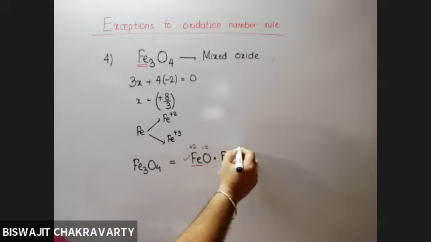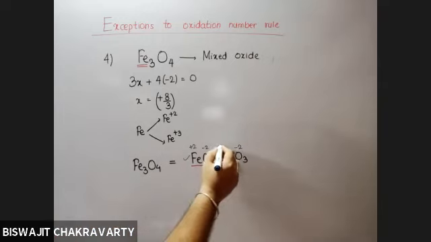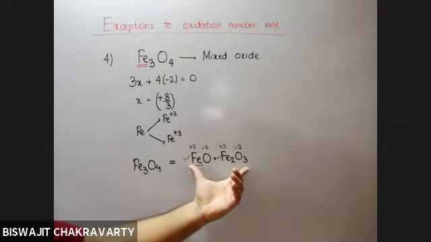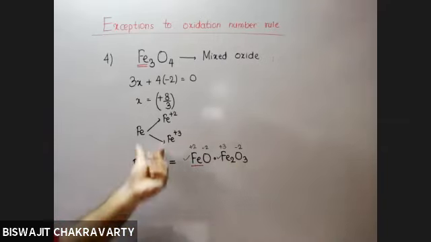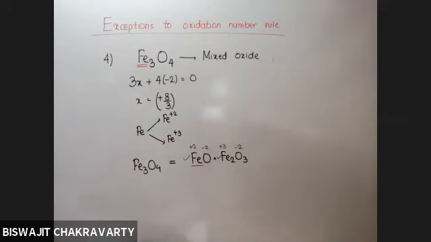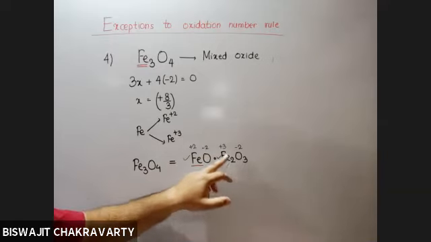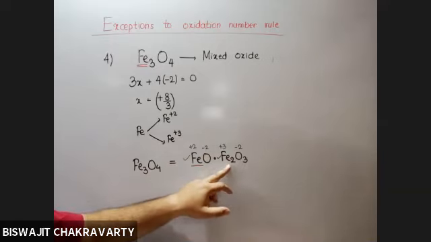Similarly, in Fe2O3, if this is -2, will it not come out to be +3? This is also acceptable, isn't it? Yes, sir. That means when you calculate in a combined way, it comes out to be plus 8 by 3. But actually, it is not. Some iron atoms are present in the form of +2 and some in the form of +3.